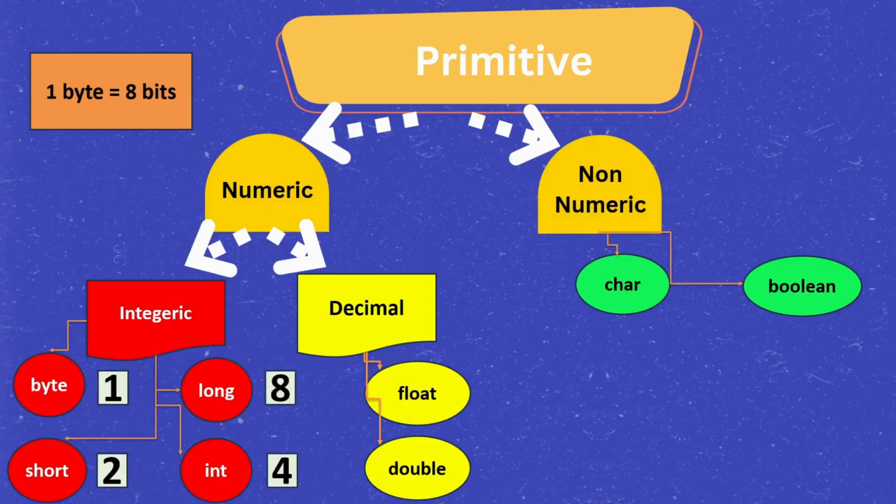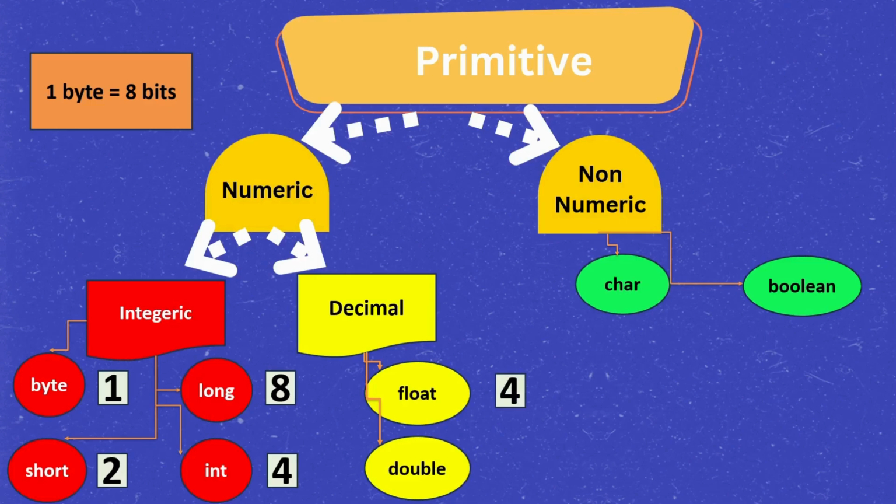So you have to remember this: byte, short, int, long, and then we have 1 byte, 2 bytes, the double of it is 4 bytes, the double of that is 8 bytes. So you can remember this byte size.